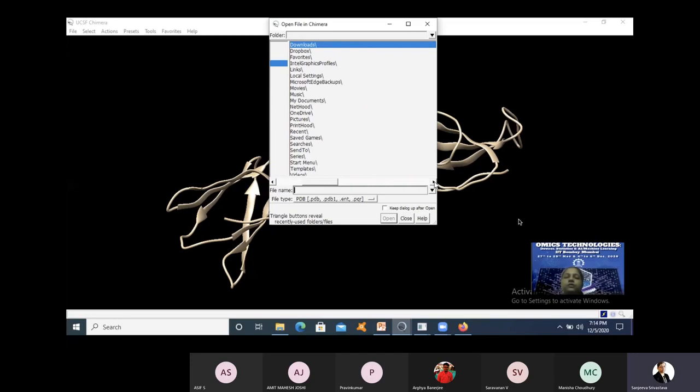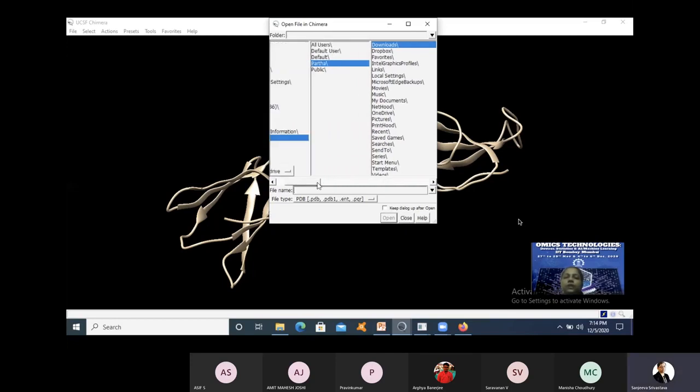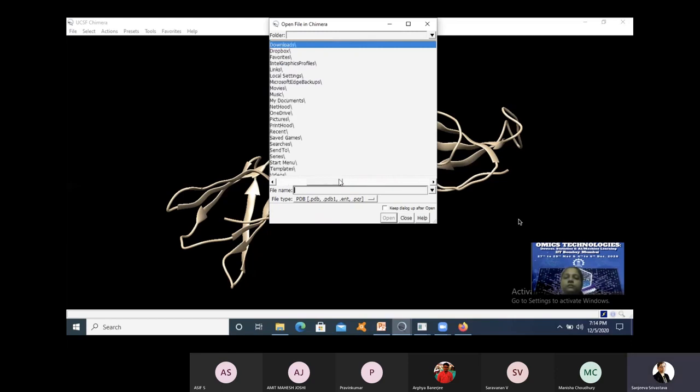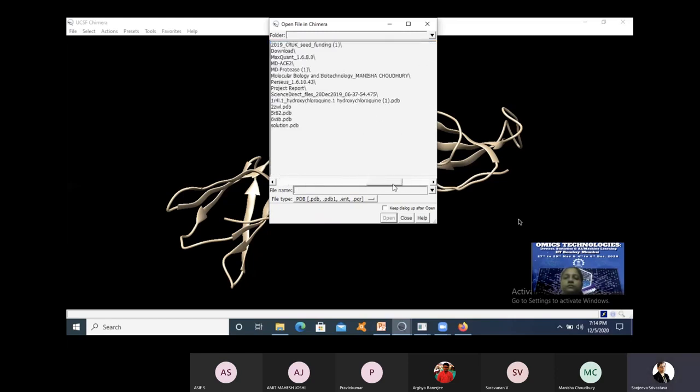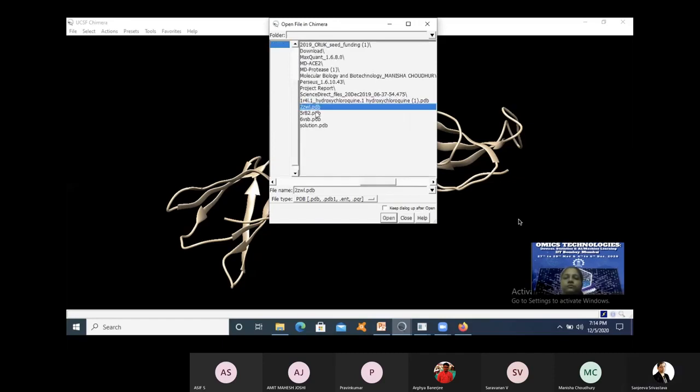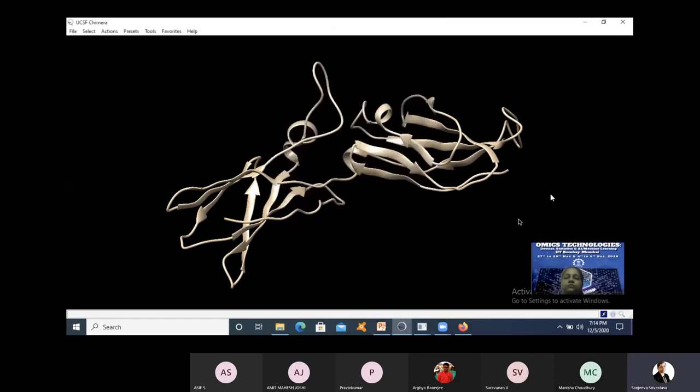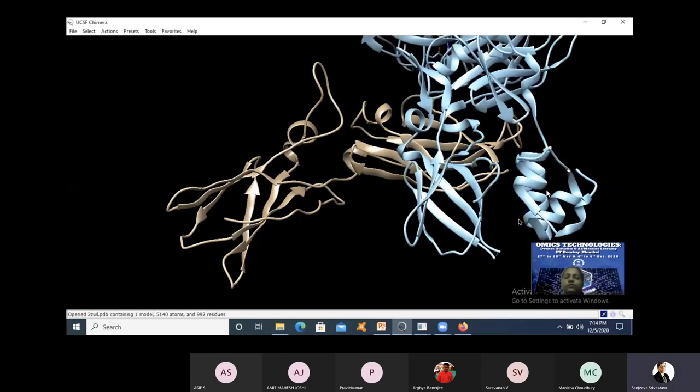So let us just upload the complex. So you can see the complex is here.